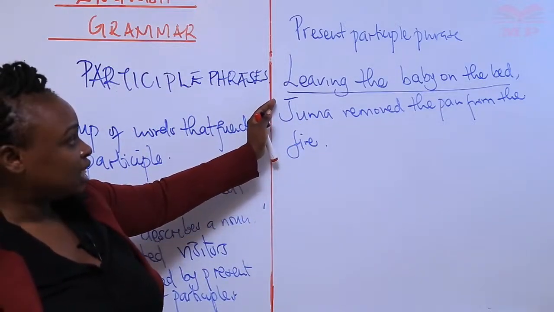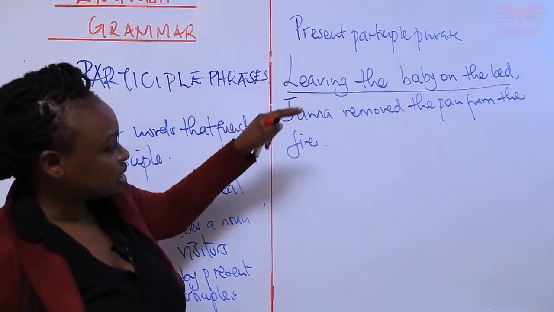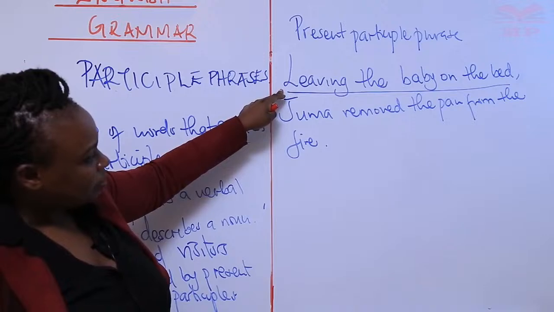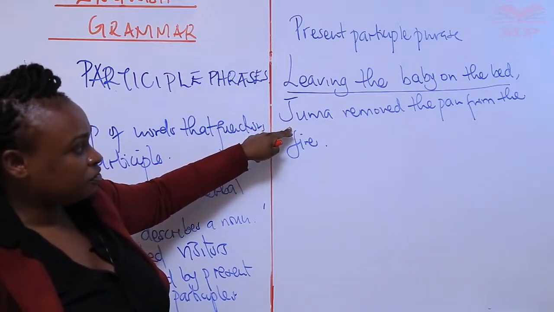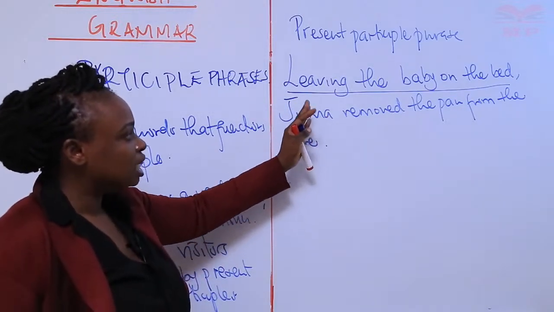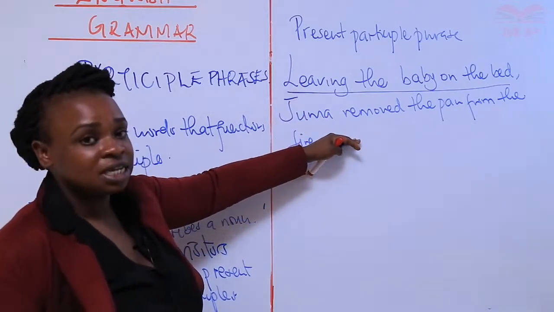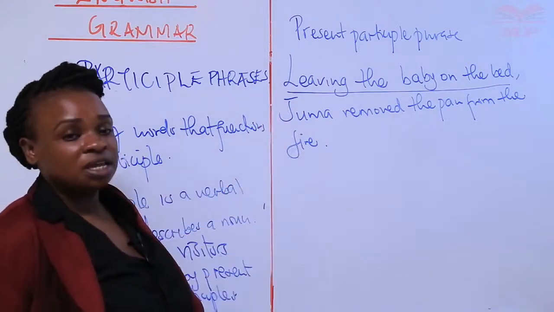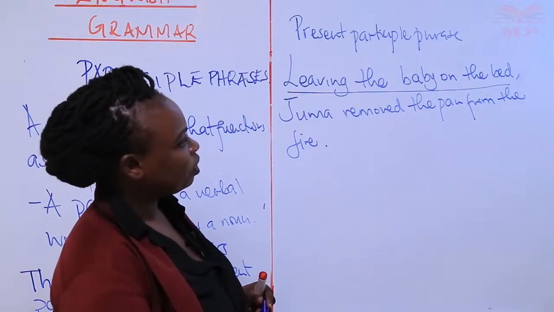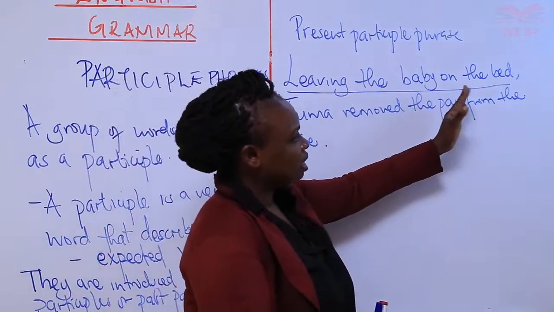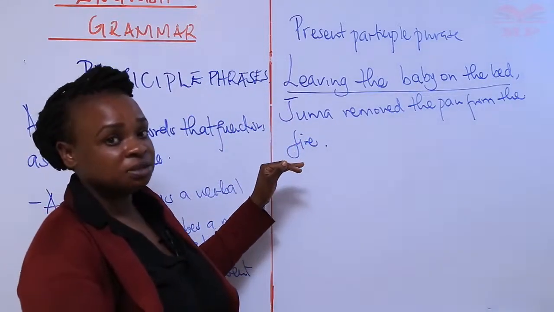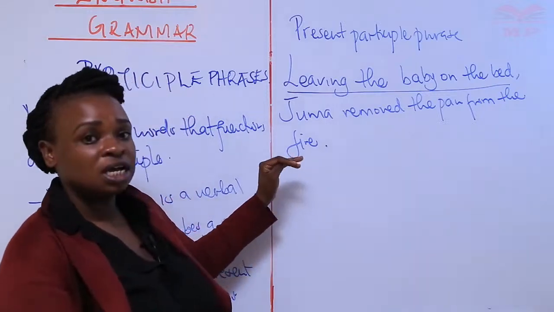We also said that the present participle phrase is used to emphasize that the action in the participle phrase happens immediately before the action in the main phrase, so that both happen almost simultaneously. The participle phrase is separated from the rest of the sentence by a comma. For example, leaving the baby on the bed, comma, Juma removed the pan from the fire. For grammatical purposes, it is important that you separate it from the rest of the sentence using a comma.